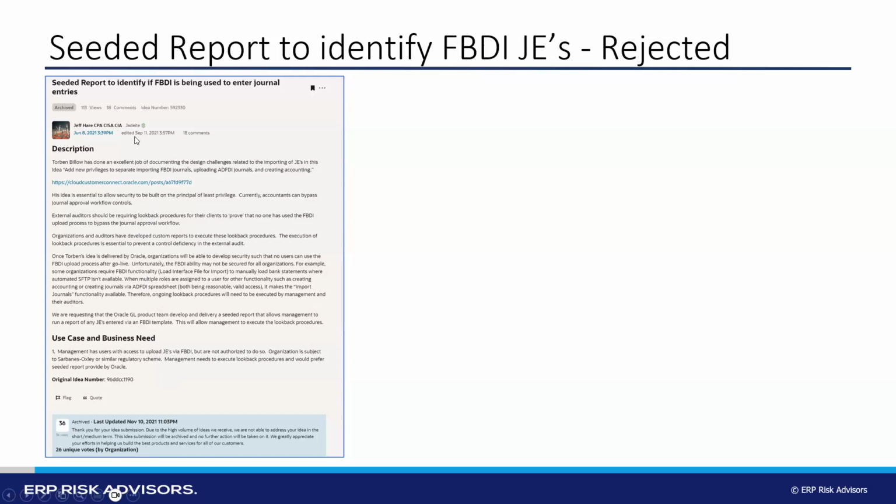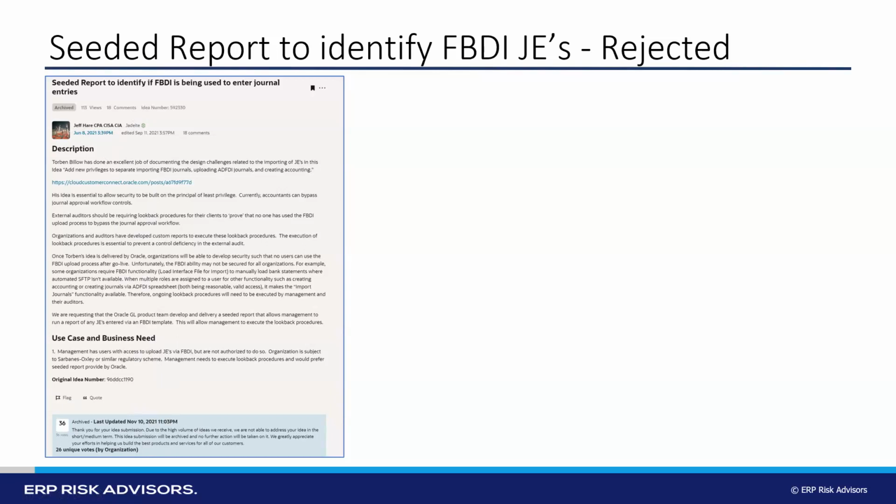So you can see I logged this originally June 2021. It was closed November 2021, so about 5-6 months later, and there was no reason for the closure. Now, there are cases where things that don't get a lot of votes often get archived. This did not get closed as part of the archiving process where we see a number of low votes.